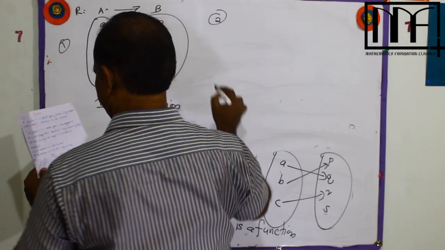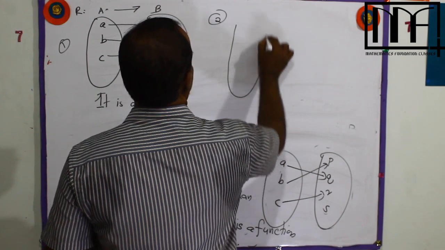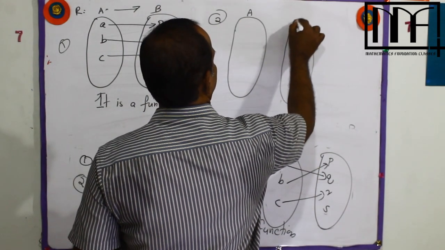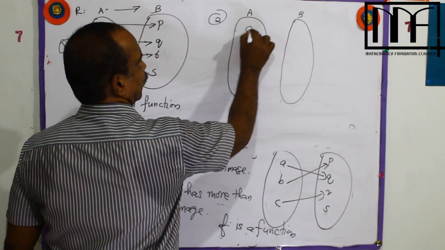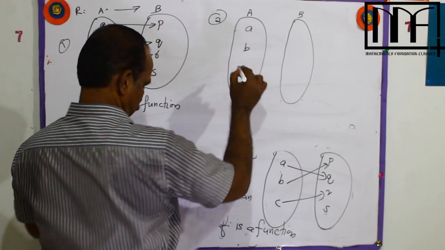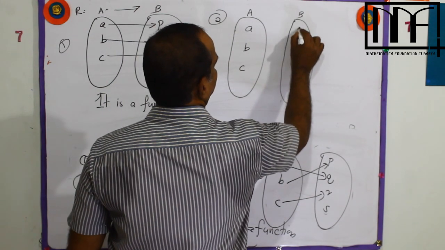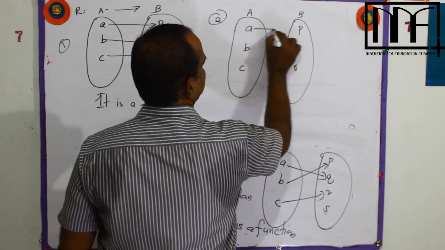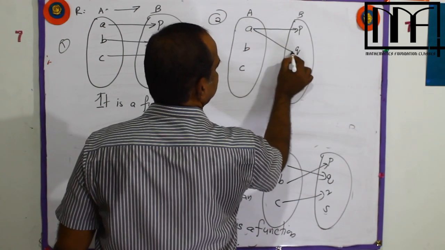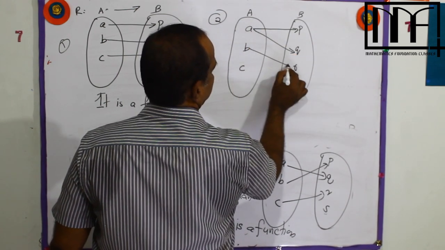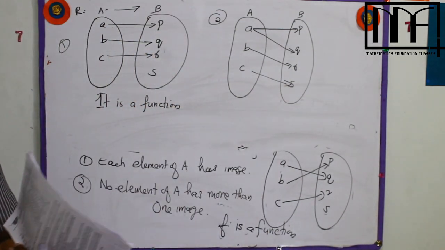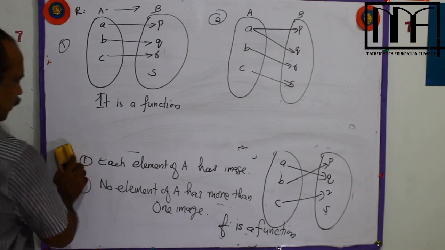Example 2. A and B here: A, B, C and P, Q, R. A has image P and again A has image Q, B has image R and C has image S. Now look at the second example.